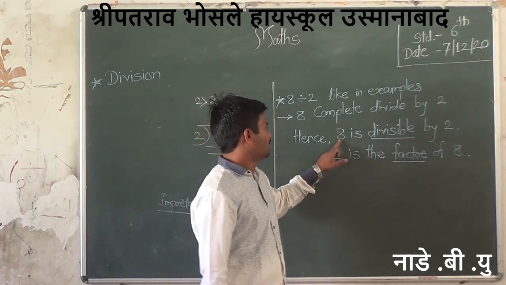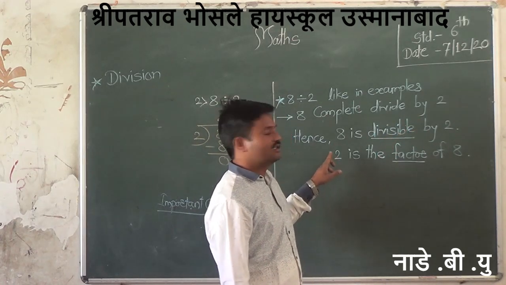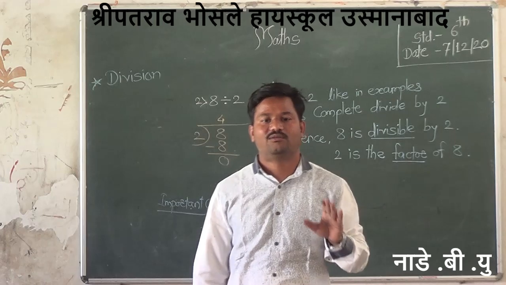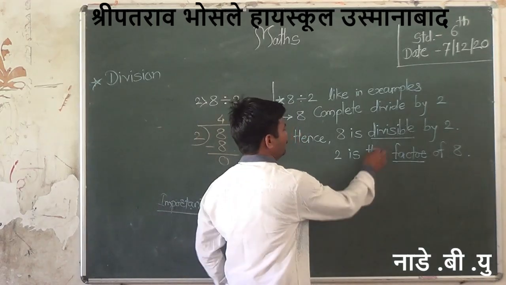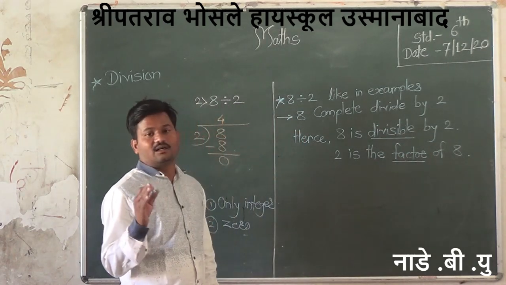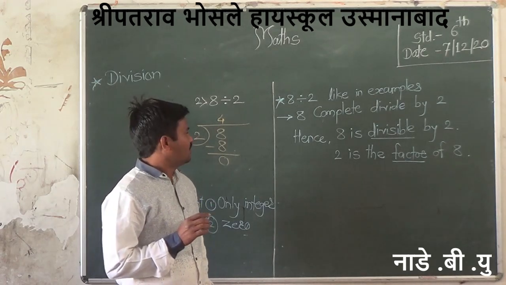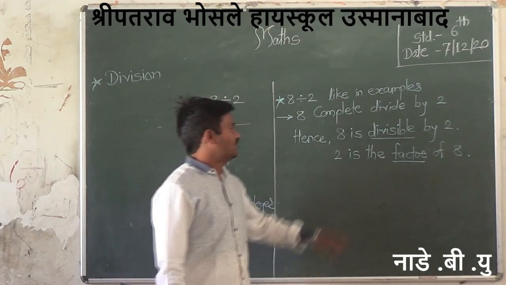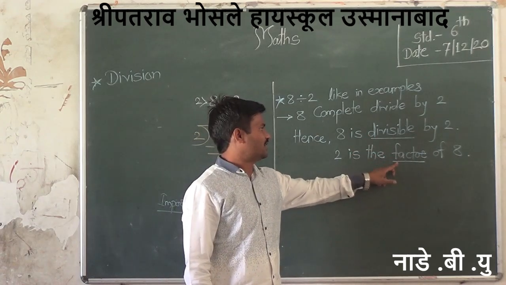That time the number is divisible by the other number, and the divisor is the factor of the dividend number. So here there are two new words, divisible and factor.